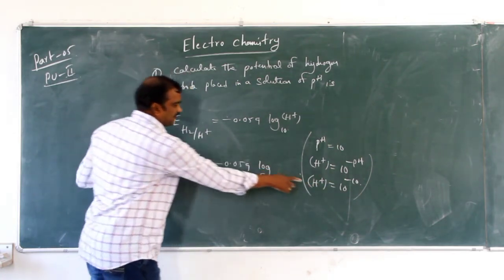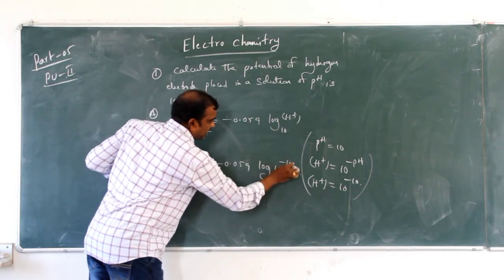So the H plus ion concentration is 10 power minus 10, base 10.